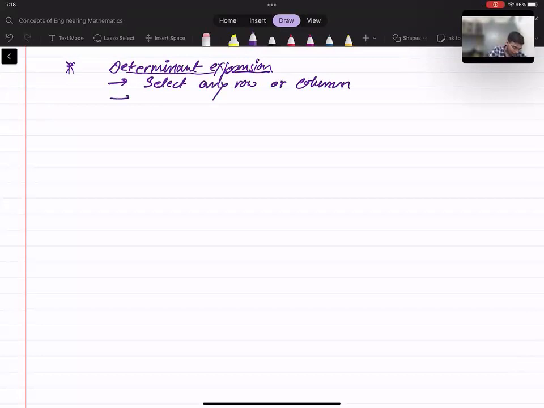Okay. So now find the cofactors of each element in that row or column.